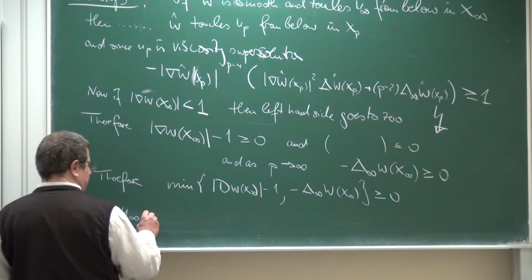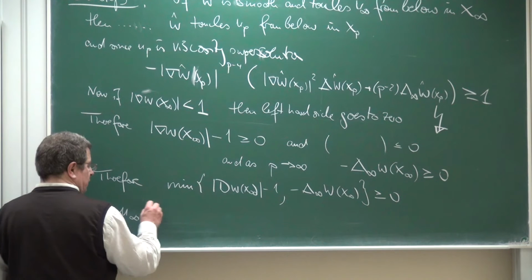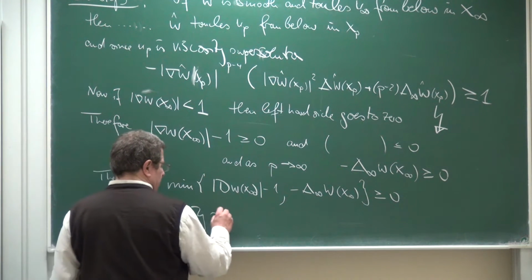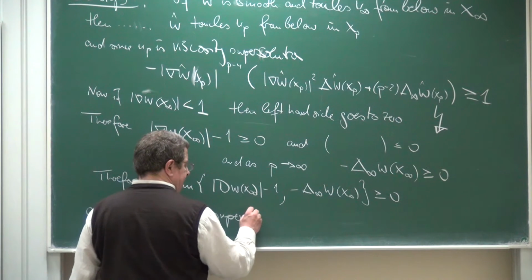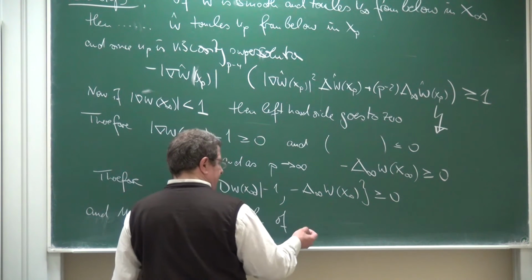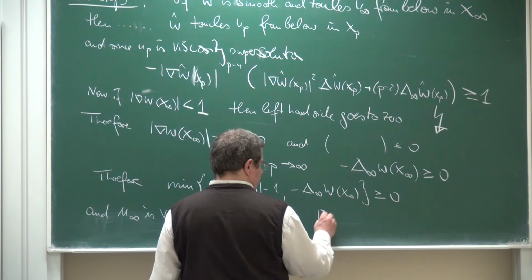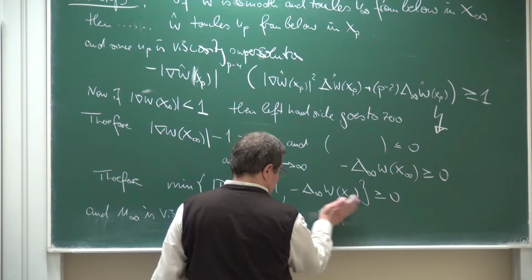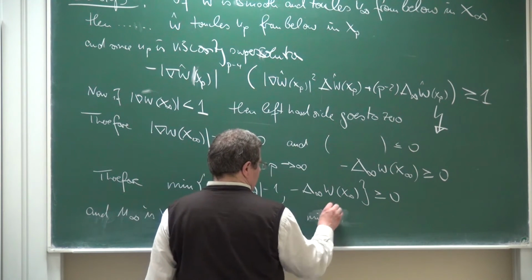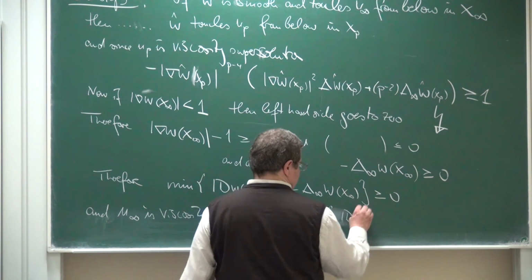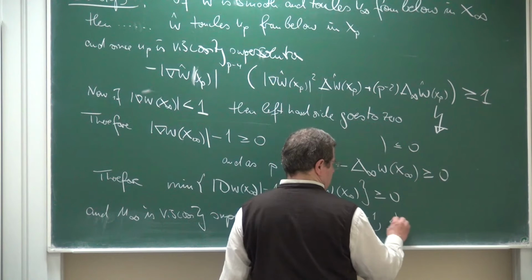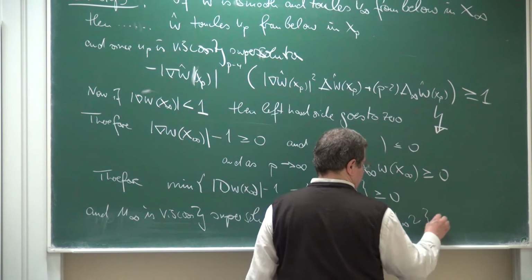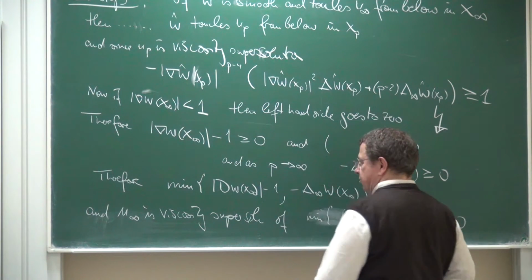And u infinity is a viscosity supersolution of the minimum of these two expressions, the gradient of u minus 1, minus the infinity Laplacian of u, greater or equal to 0.